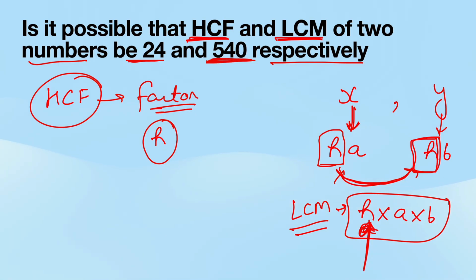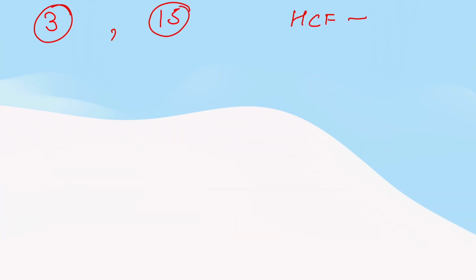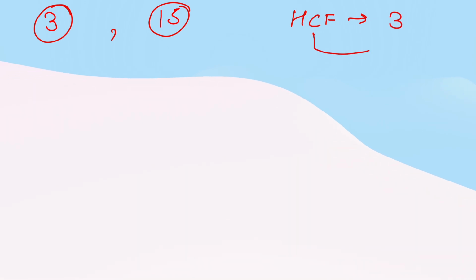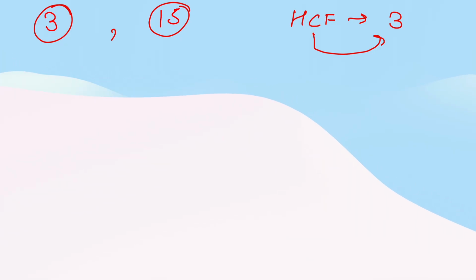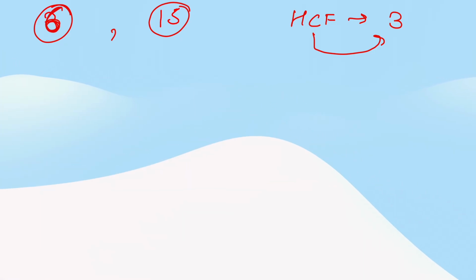Suppose, let me help you out in this. Suppose I have two numbers, 6 is one number and another number is 15, right? Suppose it is given that the HCF of these is 3.